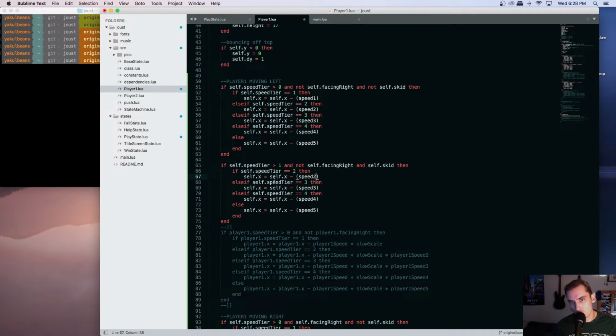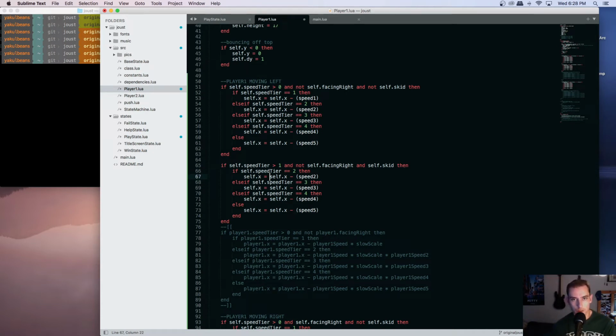So we can do something like, hold on. Let me just see if the self skid is kind of working. Oh, see, but then we need to reset skid to false once its dx is 0, which we need to test for so that we can reset that flag.